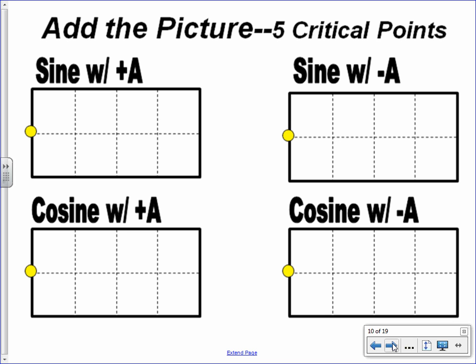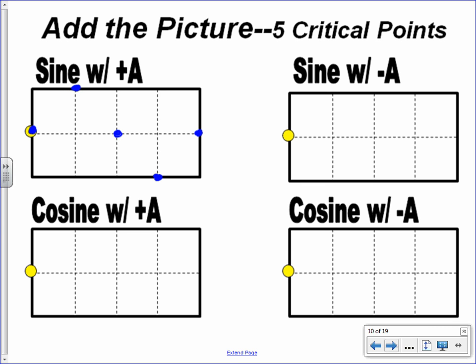Okay, so let's start with a sine function that has a positive a. We already know what this looks like, right? It should look like that S, correct? So our 5 important points. The sine function will start on the starting point, and then it goes up to the top of the frame, back to the middle, then down to the bottom of the frame, and then back to the middle.